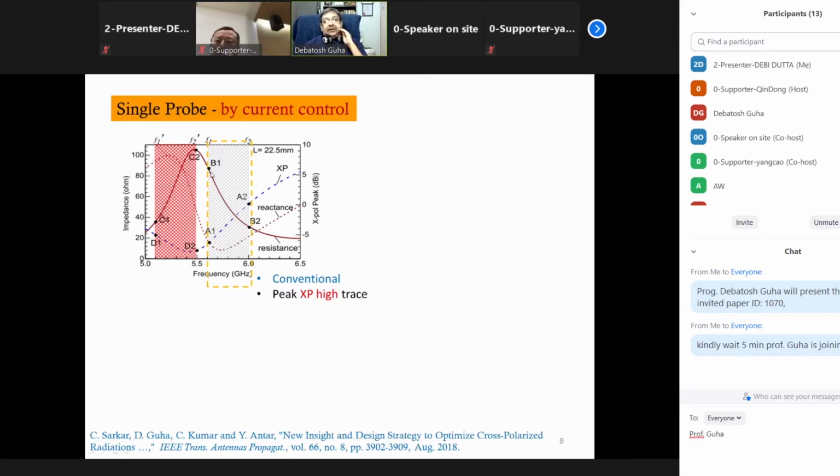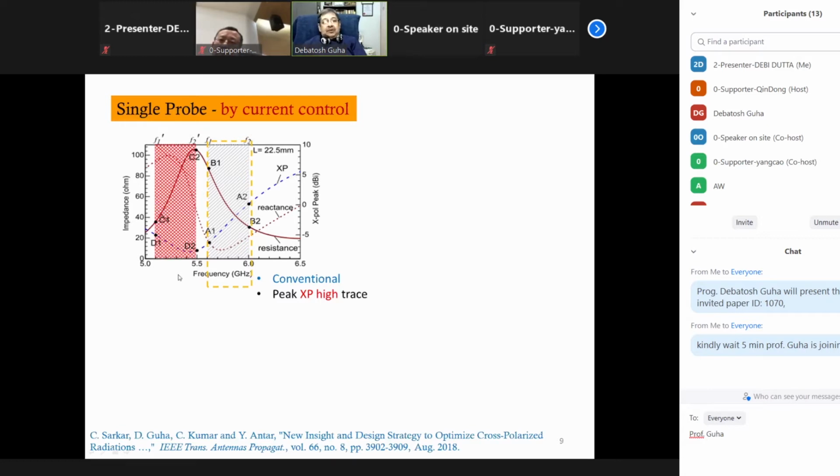And during that frequency band, the cross-pol increases. So our investigation shows this cross-pol actually is much below if we go to the lower side of the spectrum and where the resistance is increasing. The physics, everything you can find in this work.